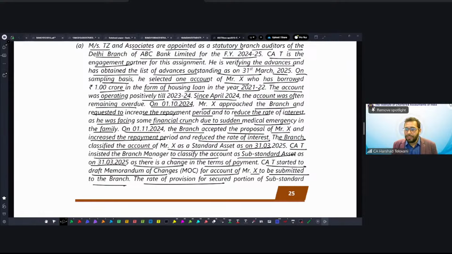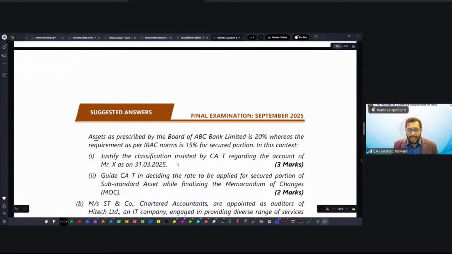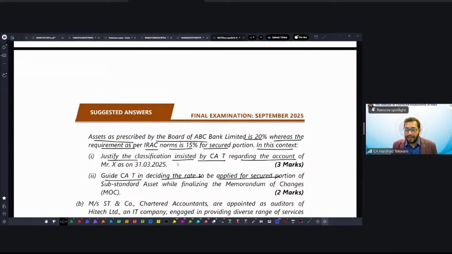The rate of provision for the secured portion of the substandard asset as prescribed by the board of ABC Limited is 20%, whereas the requirement of the IRAC norm is 15% for the secured portion. In this context, justify the classification instituted by CAT regarding the account, and guide CAT in deciding the rate applied for the secured portion of substandard asset while finalizing the MOC.